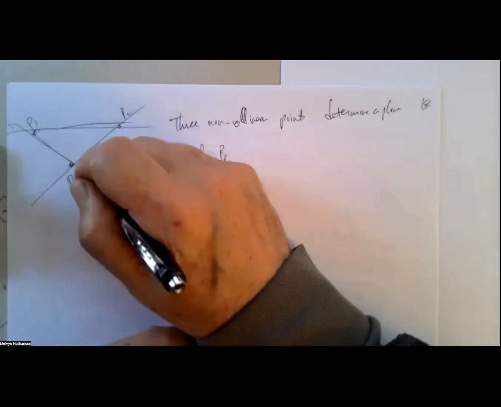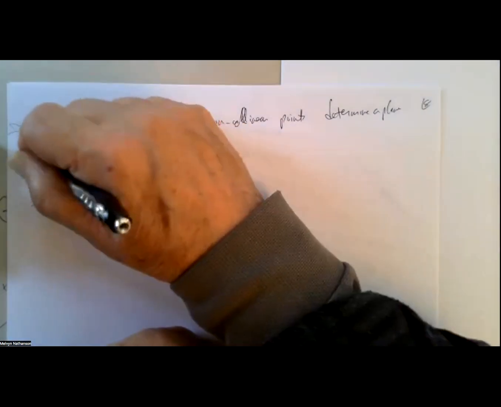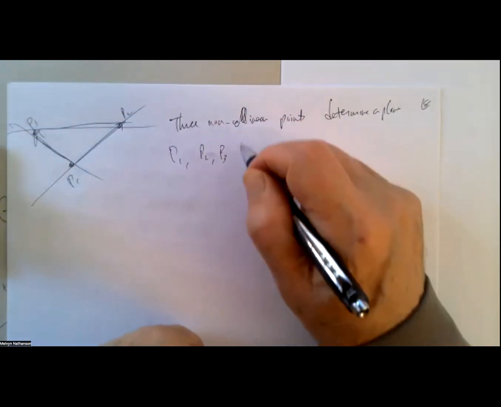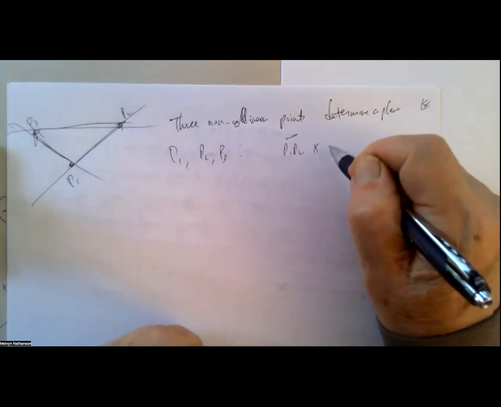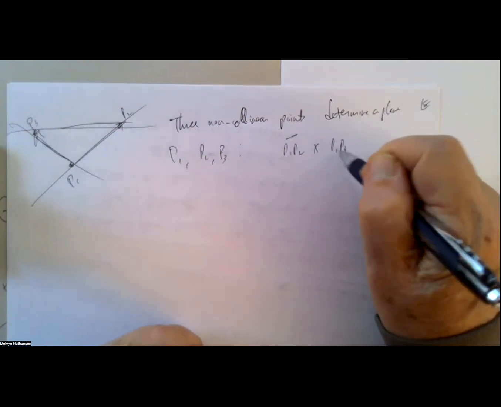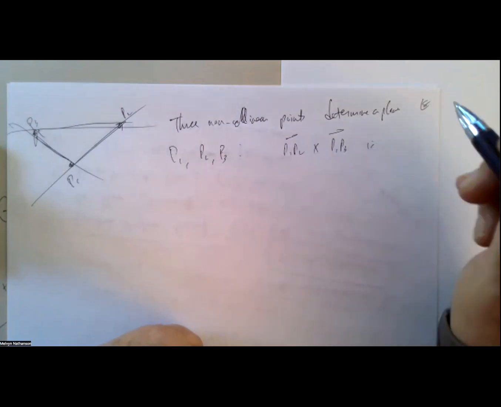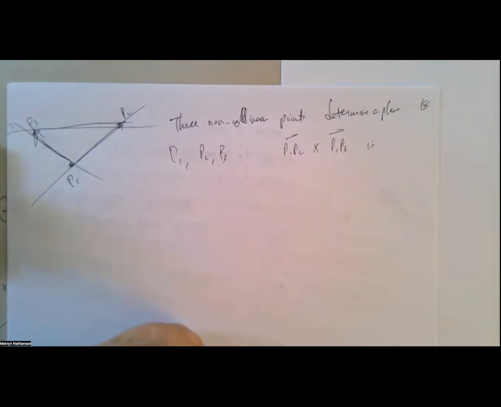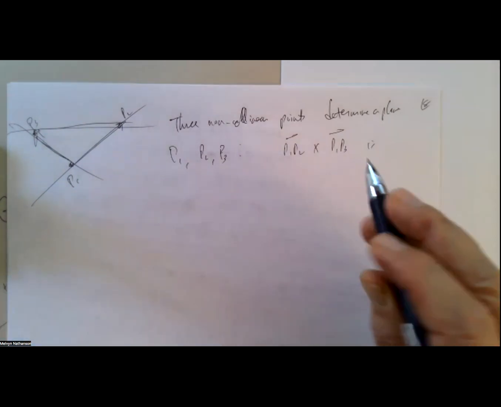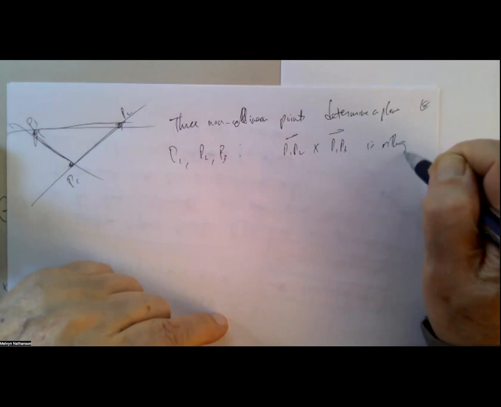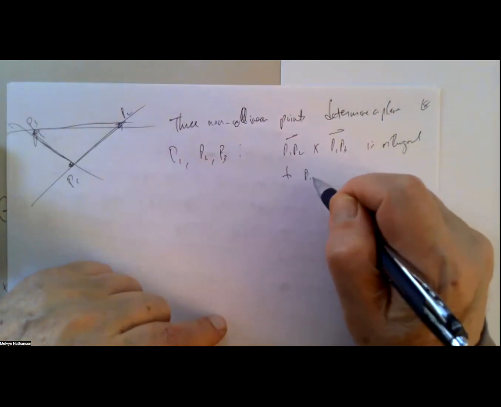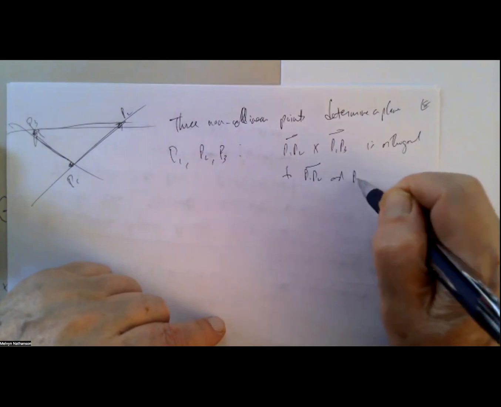But how do I get a normal vector, a perpendicular vector? Well, if I take the vector from P1 to P2 and the vector from P1 to P3, the cross product of P1P2 with P1P3 is orthogonal, or perpendicular, to P1P2 and P1P3.